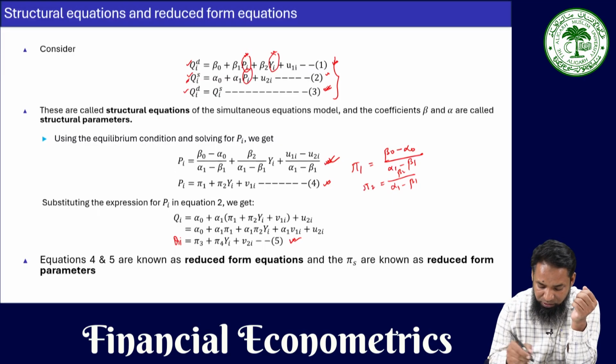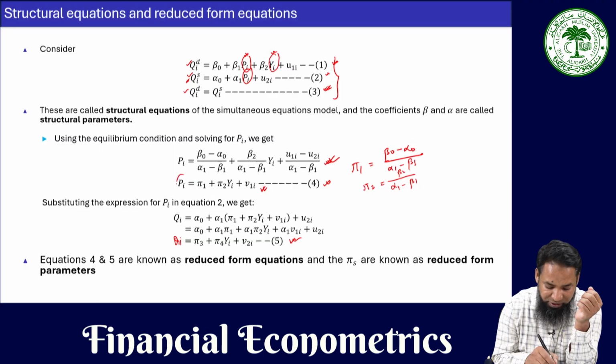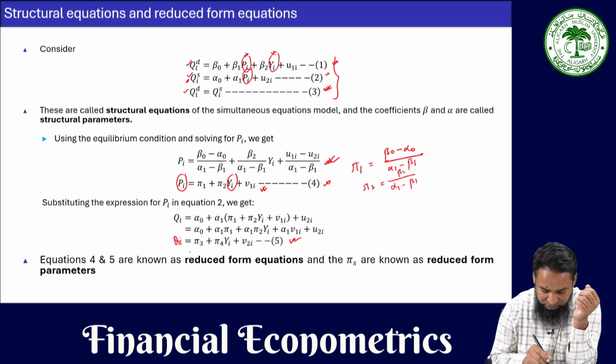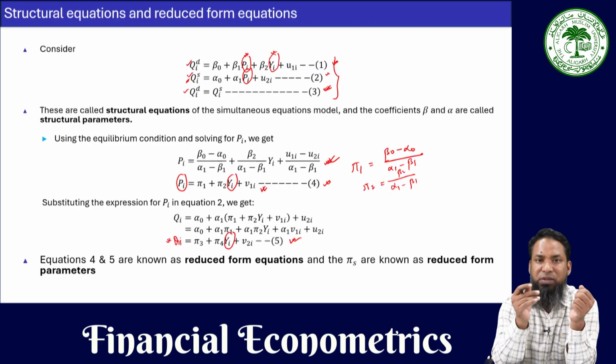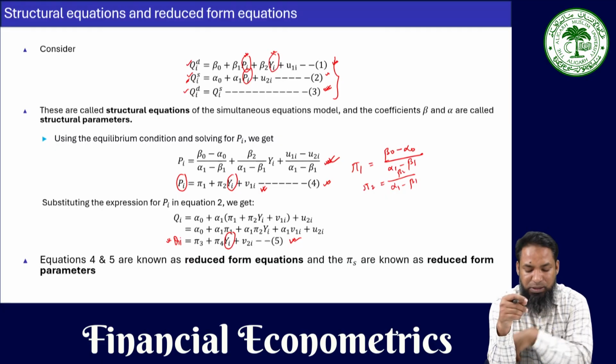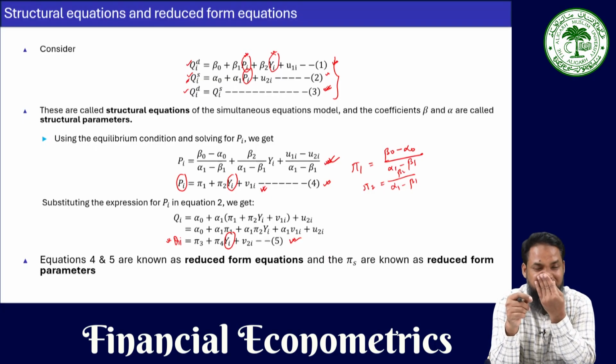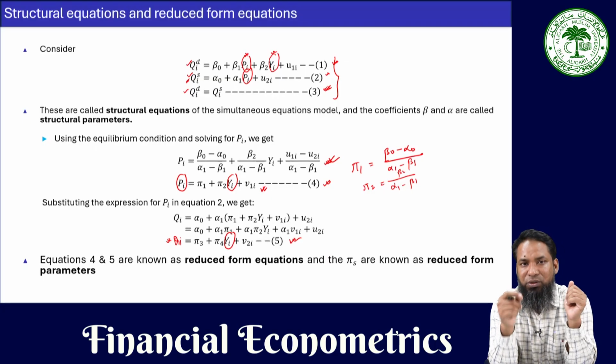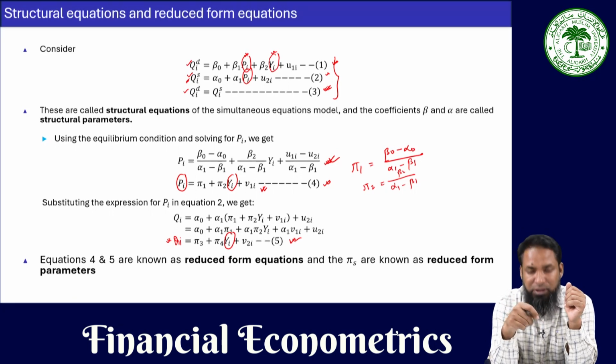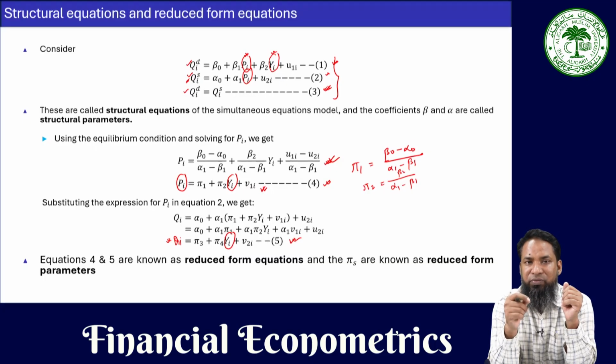However, if we look carefully at the reduced form equations, every endogenous variable is determined by the exogenous variables only. In both equations, we can observe that this is being determined only by the exogenous variables. That means in the structural form equations, a dependent variable could be a function of both endogenous as well as exogenous variables. However, in the reduced form equations, every endogenous or dependent variable is a function of only exogenous variables.